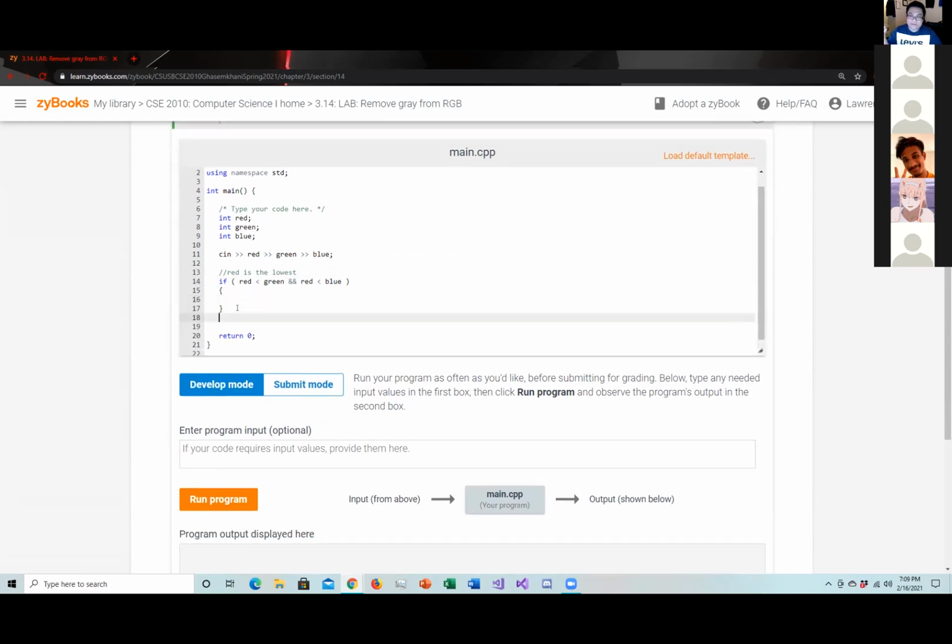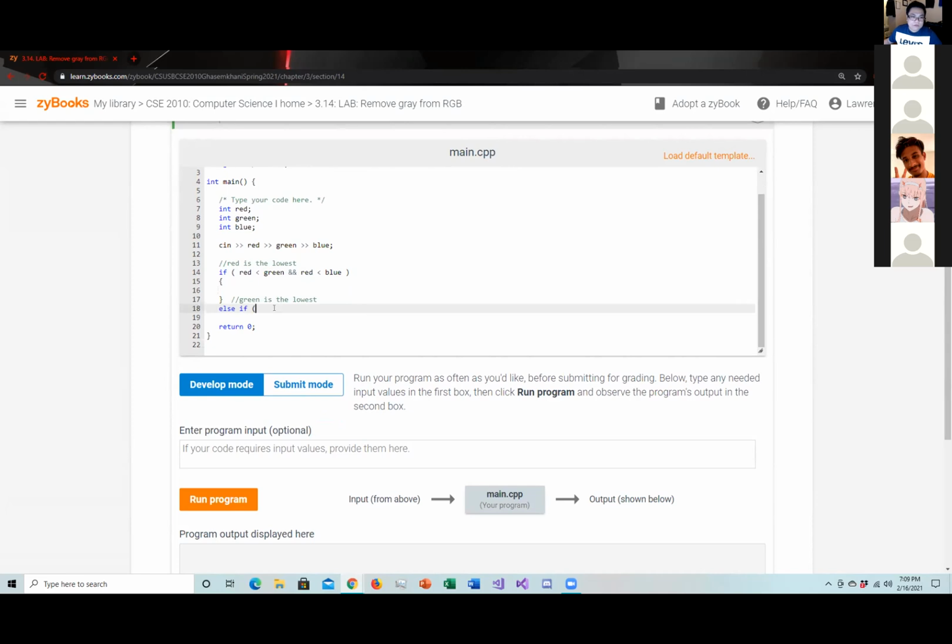But as Valerie Mora just stated, we're also going to need else if statements in the situation where a different one is the lowest. So I'm going to say else if, and this is the scenario where green is the lowest. So what kind of statement am I going to put in here?